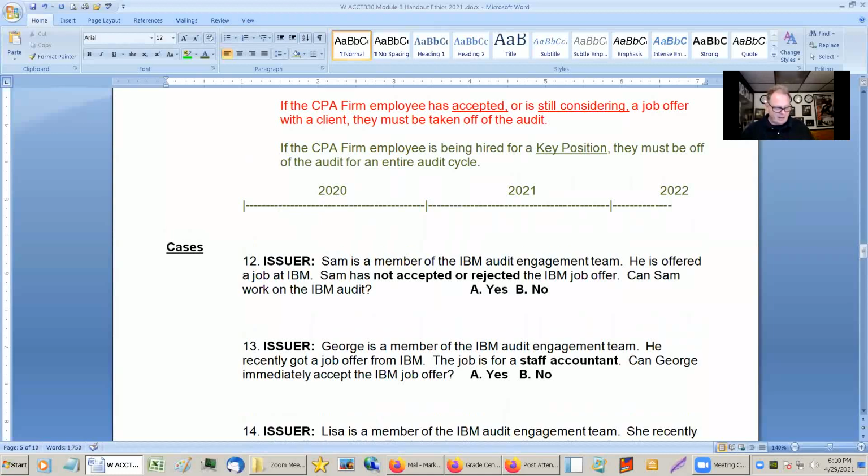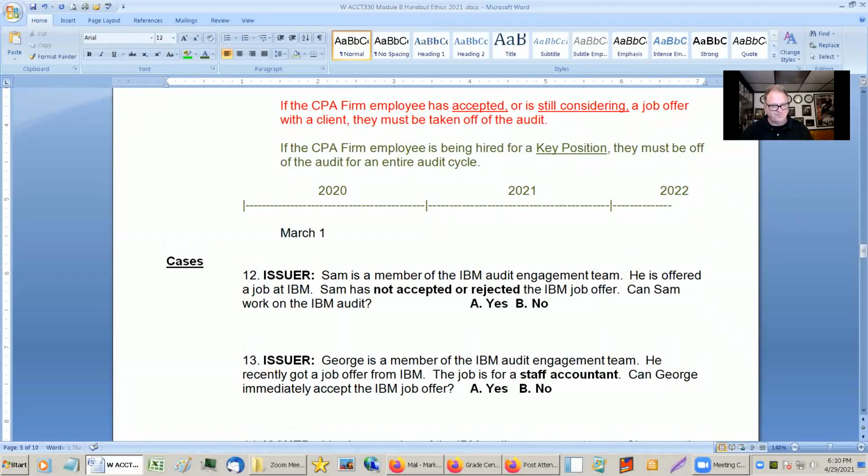Let's say that on March 1, you get the offer. So March 1, 2020, you get an offer.